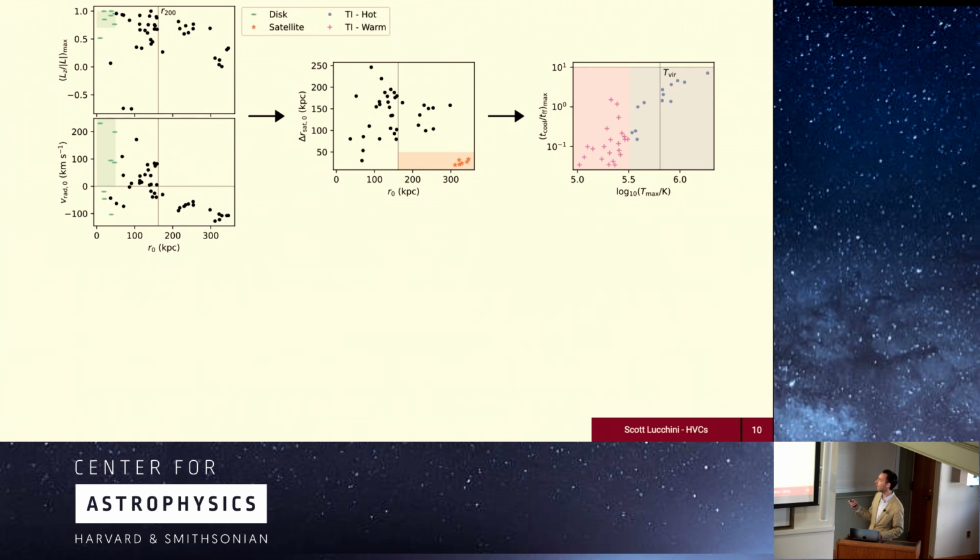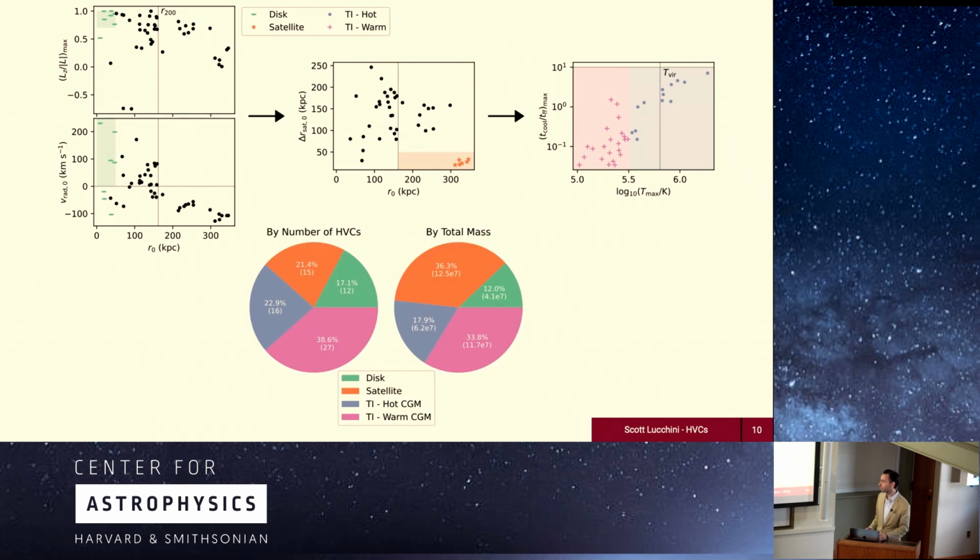And all the remaining clouds we classify as forming from thermal instability, either out of the warm circumgalactic medium for clouds whose maximum temperature doesn't reach half the virial temperature, and then from the hot phase of the CGM for hotter clouds. And so this is our distribution of clouds that we end up with.